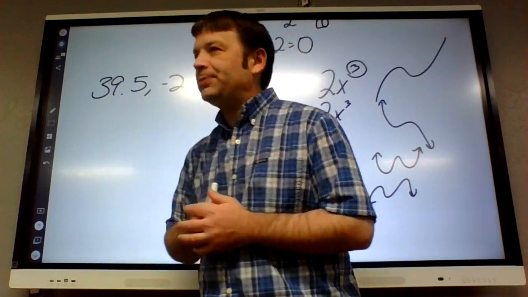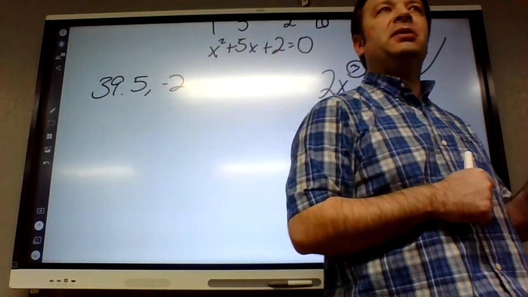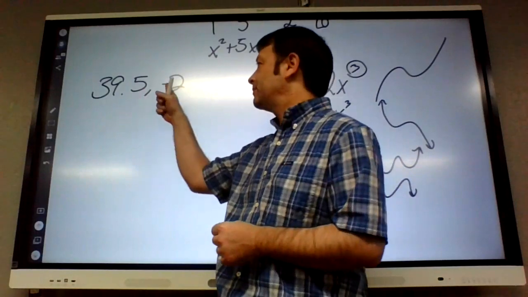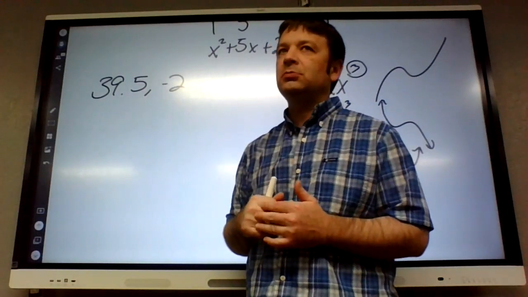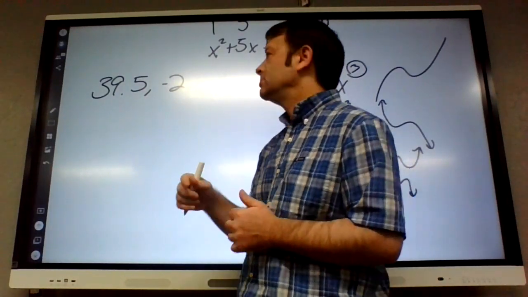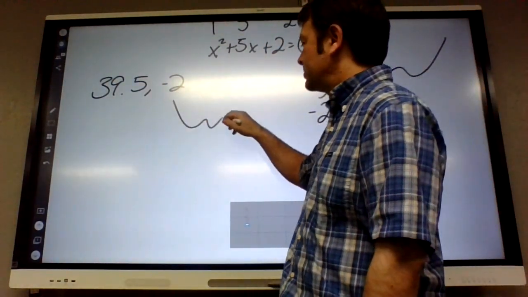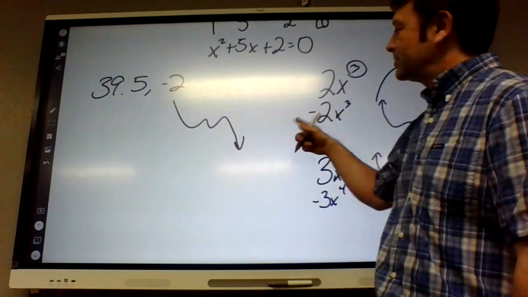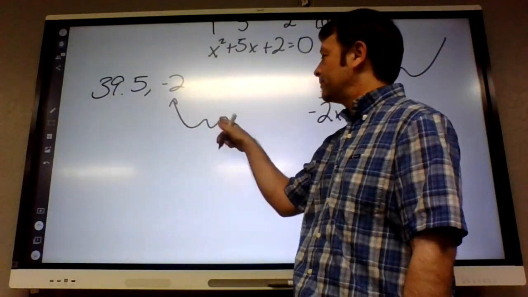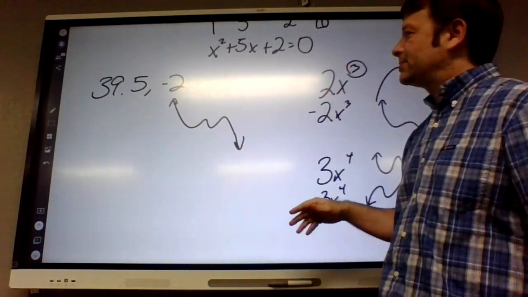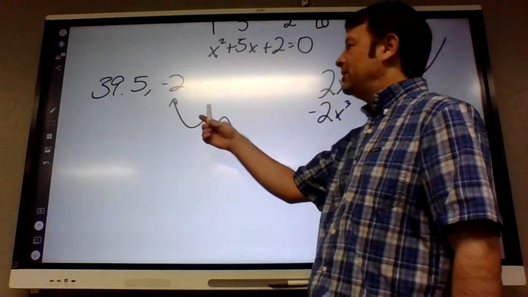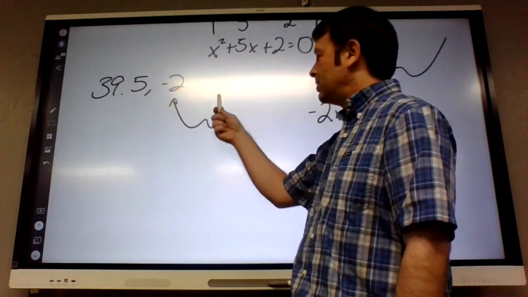So what shape should this make if it's an odd degree and a negative coefficient? Up to down. It's kind of like the squiggle, but with a couple more curves in it. So the end behavior is up down.